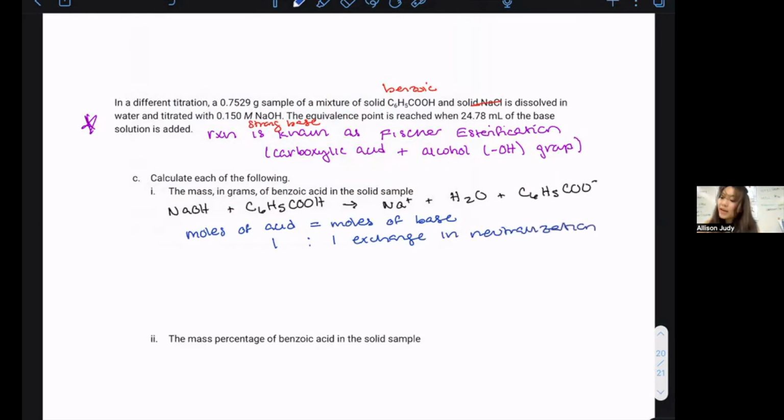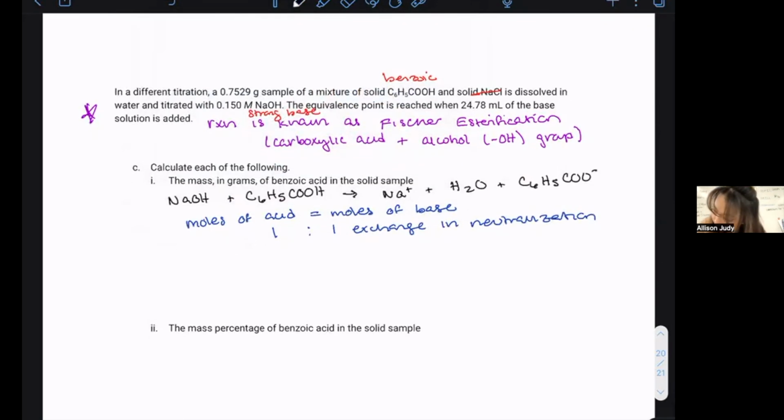So that means all we have to do is find the moles of base used, the titrant, and use that to work backwards to find the moles of acid. So that's easy for us. We know that we used how many liters? 24.78 mL, so 0.02478 liters of NaOH times the molarity value, 0.150, and I'm going to break this up into the derived units that make up the molarity, which is moles per liter.